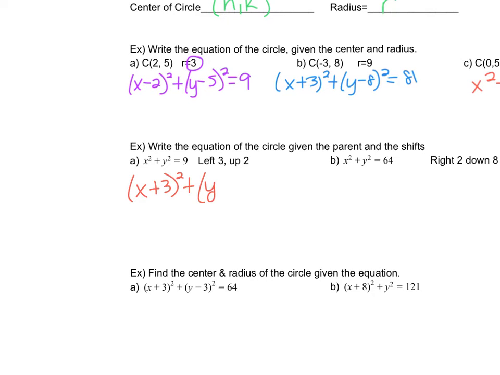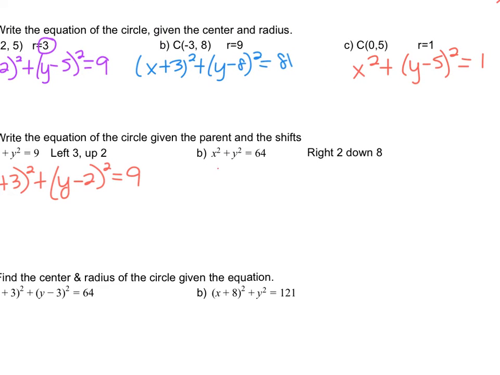They're both backwards on these squares. So up 2 would be (y - 2)^2, and the last term stays the same because they didn't tell you anything about the radius. And this next one, if it's going right 2, that would be (x - 2)^2 plus, and down 8 would be plus 8, (y + 8)^2 equals 64.